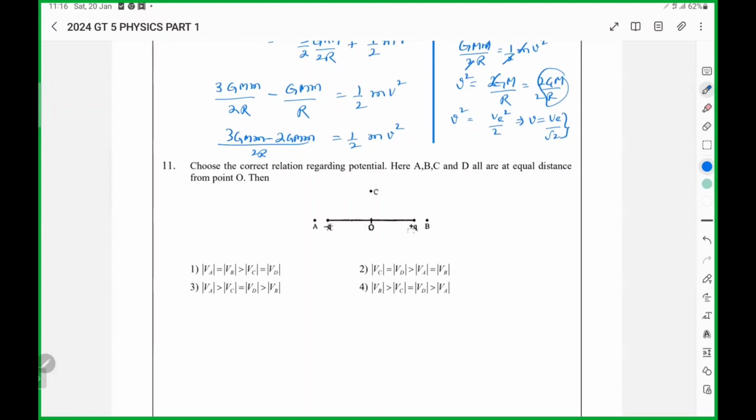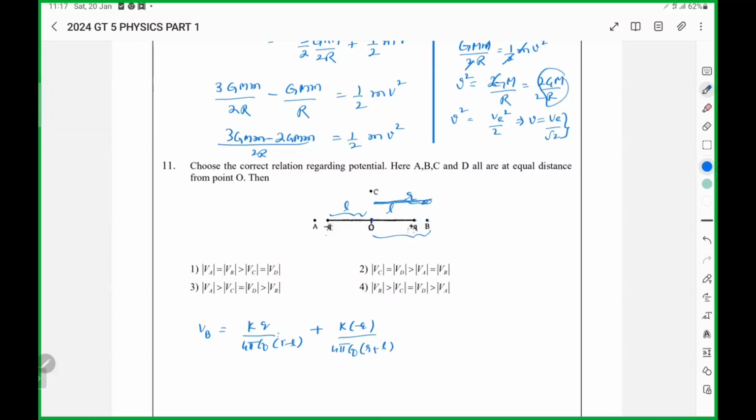Now, A, B, C, D are at equal distances from point O. Let us say charge is placed at L distance from the origin, but you have to find potential at B. Say this is R. Potential at B is potential at B due to the charge Q, KQ by 4 pi epsilon naught R, where R is R minus L, plus potential at B due to minus Q, K into minus Q by 4 pi epsilon naught.